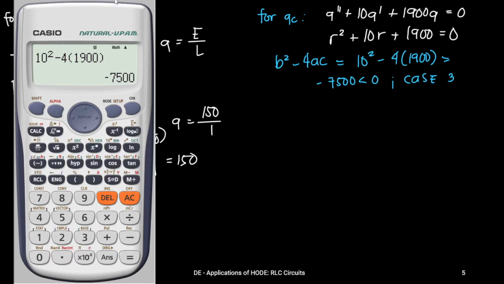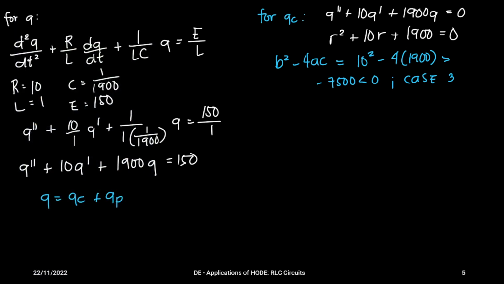By the way, baba ko lang yung calcu, no? So let's get the roots. So we have here r is equivalent to negative b plus minus square root ng b squared minus 4ac, all over 2a.